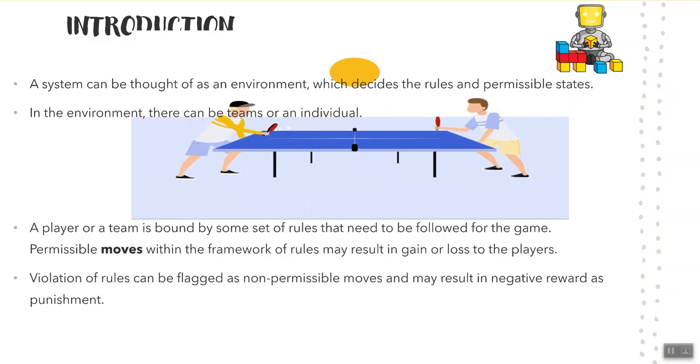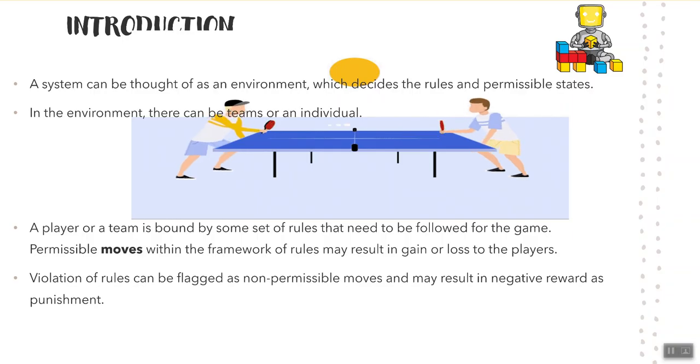In the environment, there can be teams or an individual. So games can be played individually or in teams. Some kinds of games can be played as a team, team-wise, or single-handed, that is individual playing. Take chess, for example: it is an individual game.